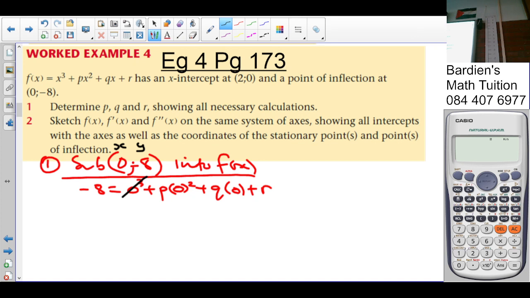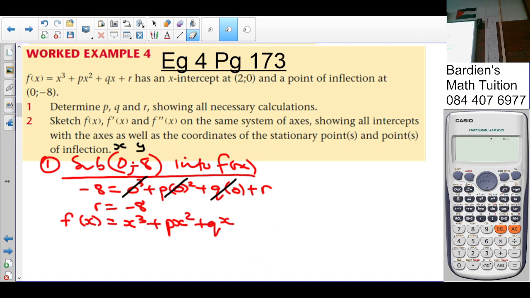So that's going to cancel, leaving you with r equals -8. So now f of x equals x cubed plus px squared plus qx minus 8. Some of you could have seen immediately that r was going to be -8. Why? Because that's your y-intercept. So there we got r.